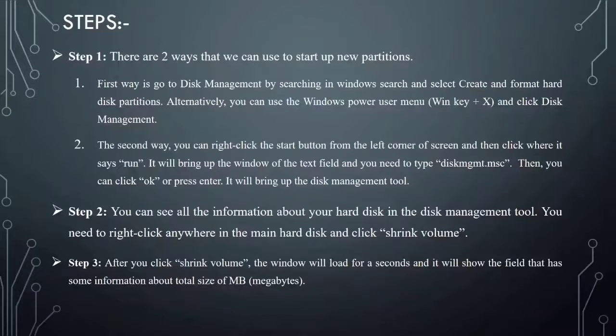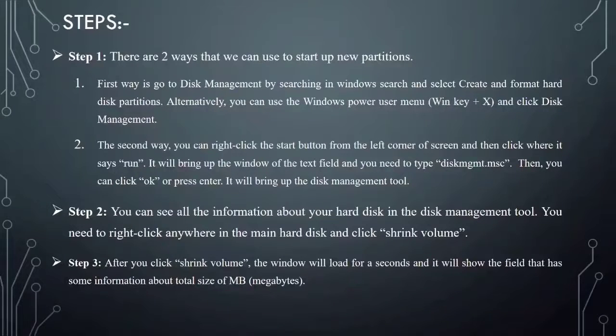The second way is you can right-click the start button at the left corner of the screen and then click where it says run. It will bring up a window with a text field and you need to type diskmgmt.msc. Then you can click OK or press enter. It will bring up the disk management tool.